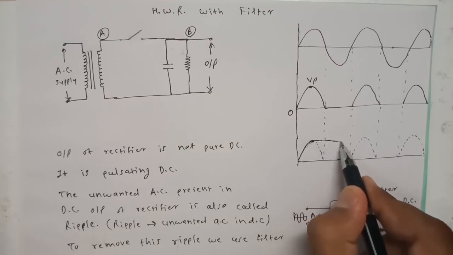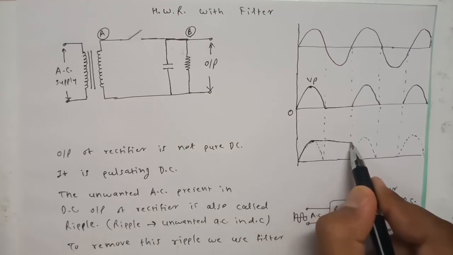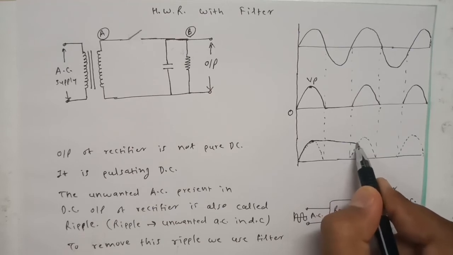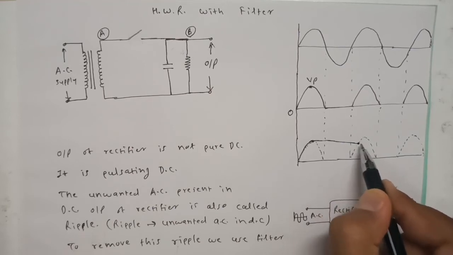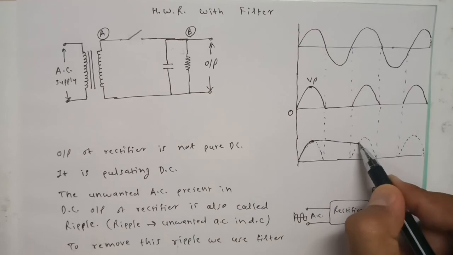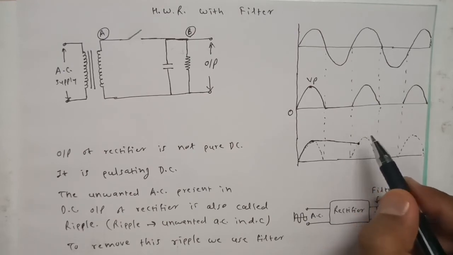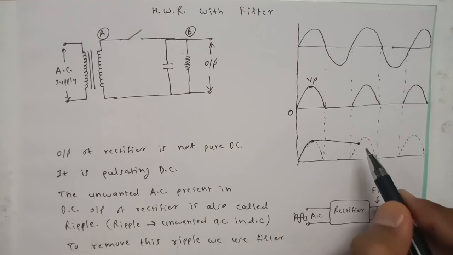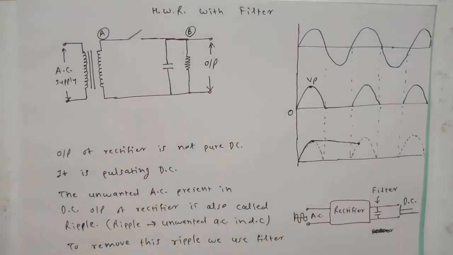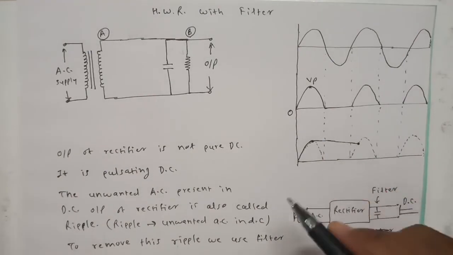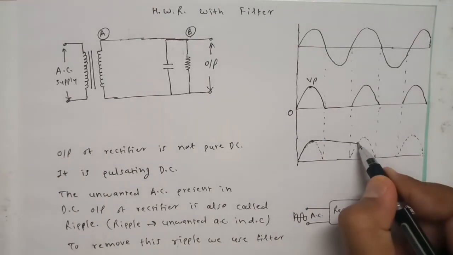In this way you can see it is discharging very slowly, and as soon as it reaches this point, what happens? The next cycle is coming, right? And when this cycle comes, again the same thing repeats: the diode becomes forward biased, and whenever it becomes forward biased, we know it acts as a closed switch. Due to this, again the capacitor will start charging and the voltage across the capacitor increases.